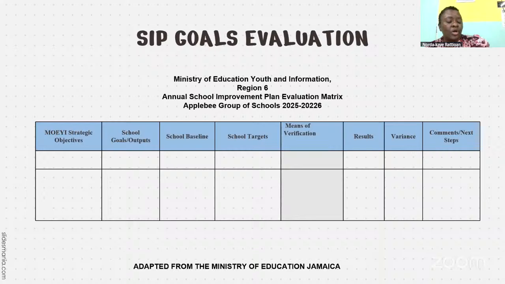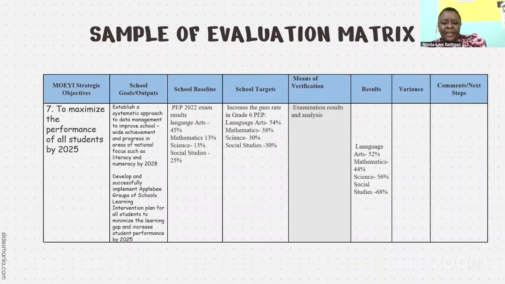Remember, you're pulling all of this information from that big plan that you have, and you're going to plug in the results. So for strategic objective number 1, whatever you had in year 1 to be completed, you're going to put in your results. And then you're going to calculate your variance. The variance is the difference between your school targets and your actual results.